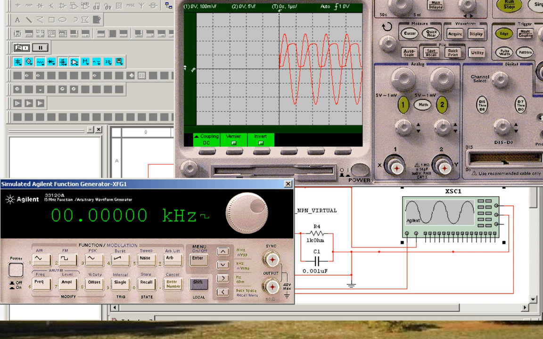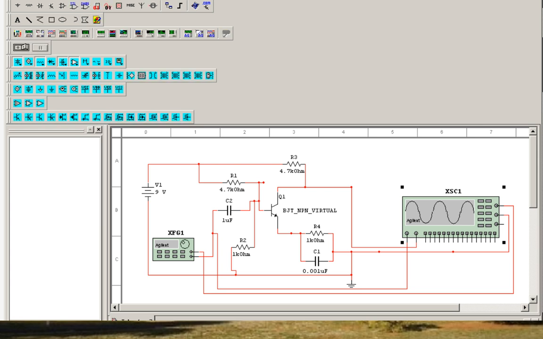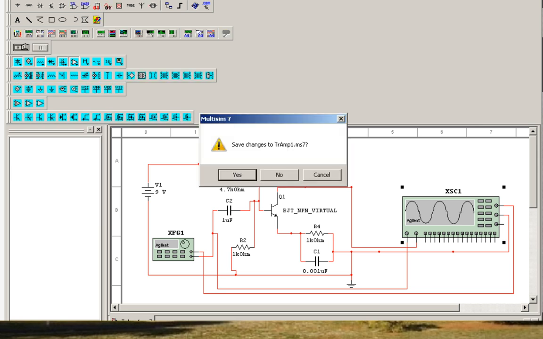It's not working. Alright, you know what? I'm just going to close the whole circuit here.